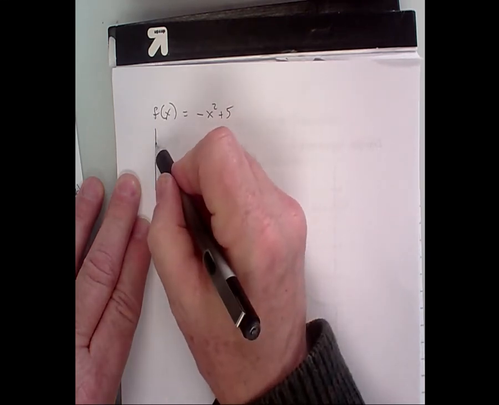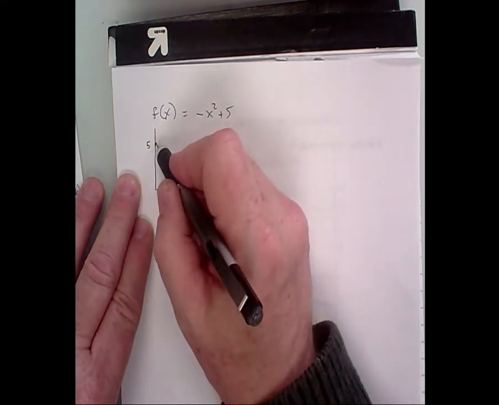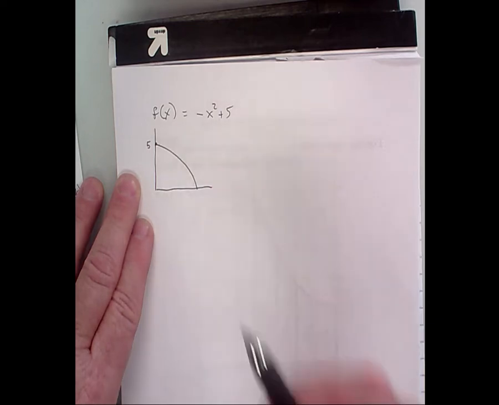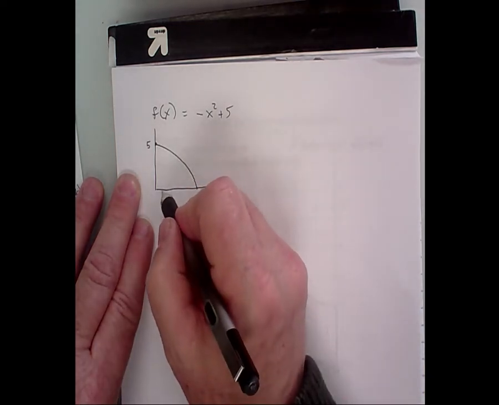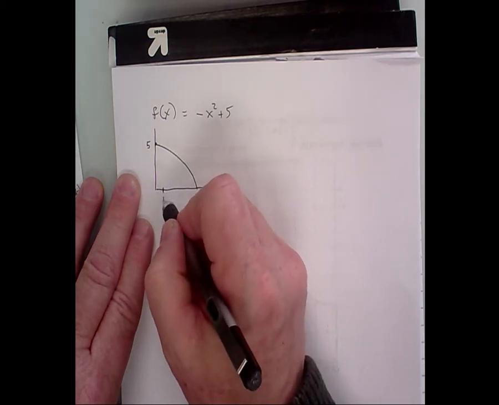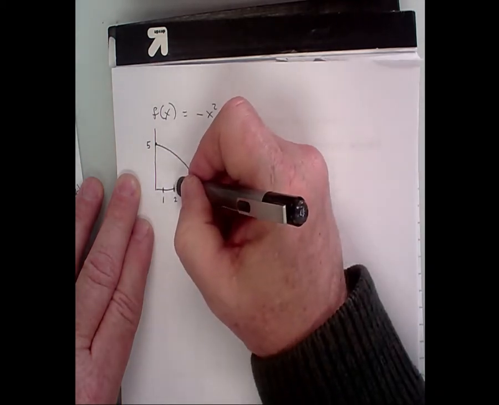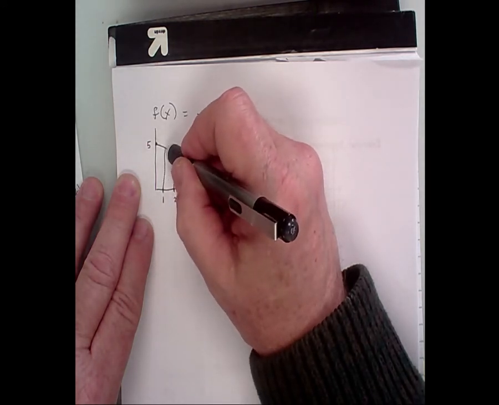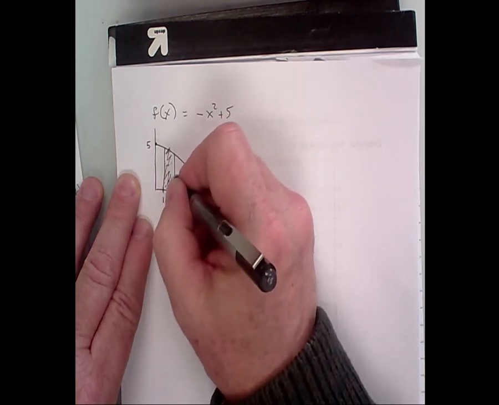Here's 5, and it's a parabola going down. Correct? Everybody okay with that? And right here I'm going to have 1, right here I'm going to have 2. And so I'm going to figure out the area underneath this portion right here. I'm going to try shading. Failed again. Okay, something like that.